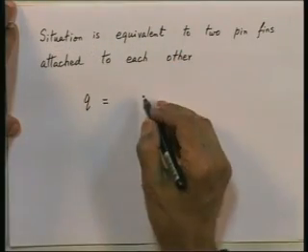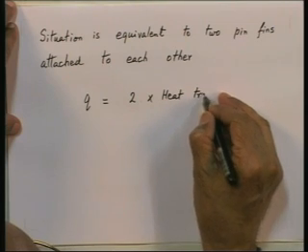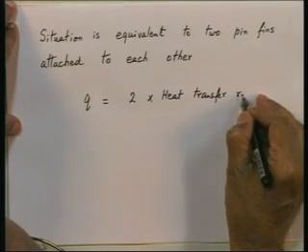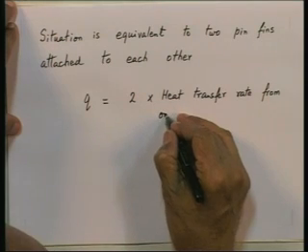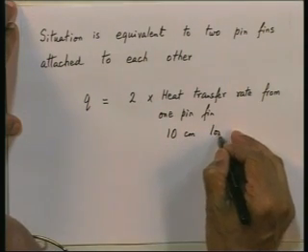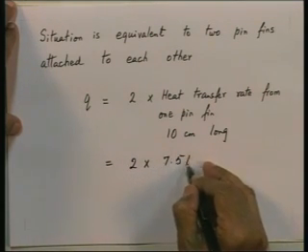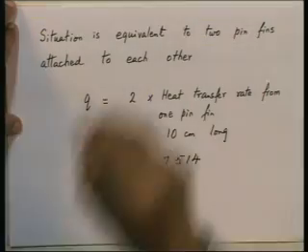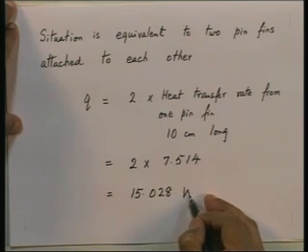And therefore, if I ask now what is the Q for this, you will say straight away that the Q for this situation is equal to 2 multiplied by the heat transfer rate from one pin fin 10 centimeters long, and that is nothing but 2 times 7.514, that is the answer of the previous problem because the data is identical, and that is equal to 15.028 watts.